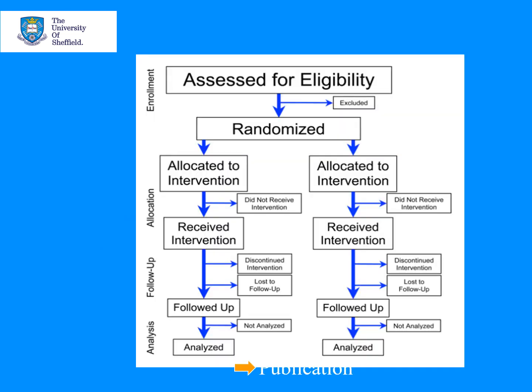So many of you will be familiar with the process underpinning a randomized controlled trial. You have assessment for eligibility, and obviously this is something you have to consider carefully so that you're not artificially excluding people that you would usually be treating with a particular treatment in the real world population.